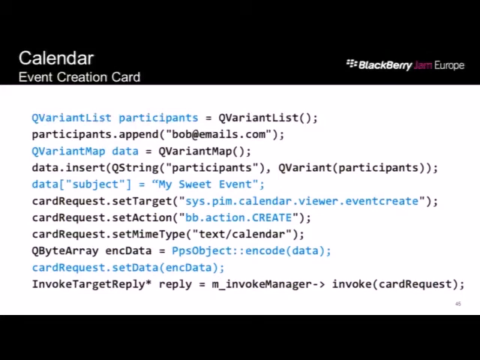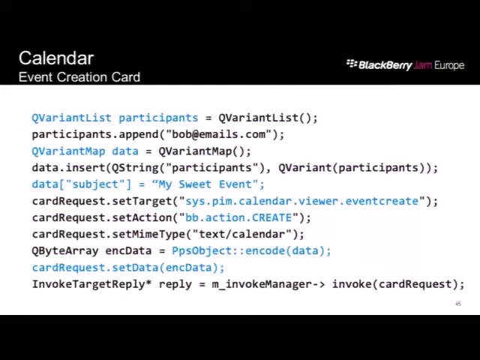So that's an example of how to programmatically inject an event into the calendar. You have to prepare the data, some key value pairs between the names and their values. You do that by defining a map, for example, and then you invoke the calendar again with the action create, defining the map type and everything.